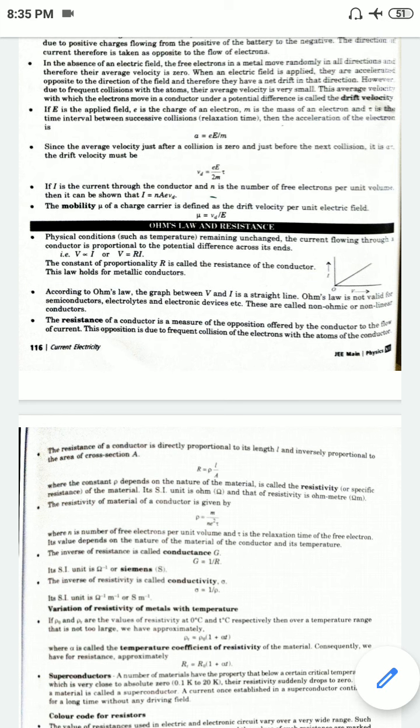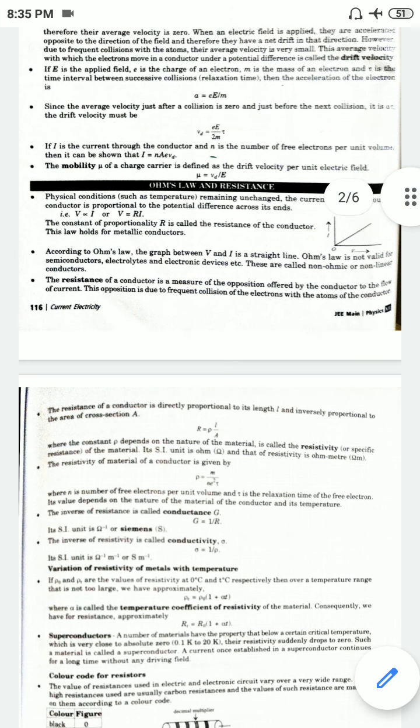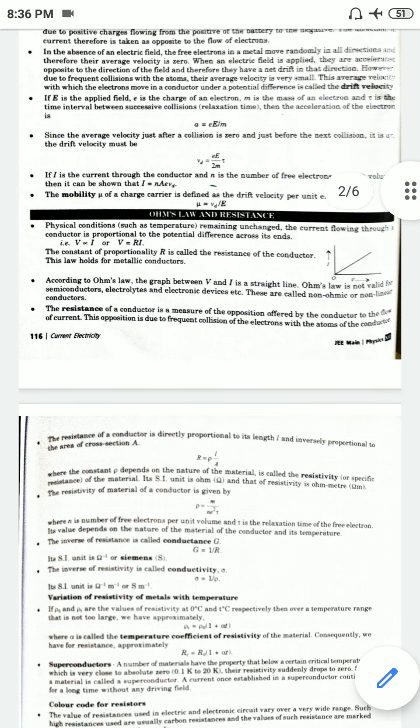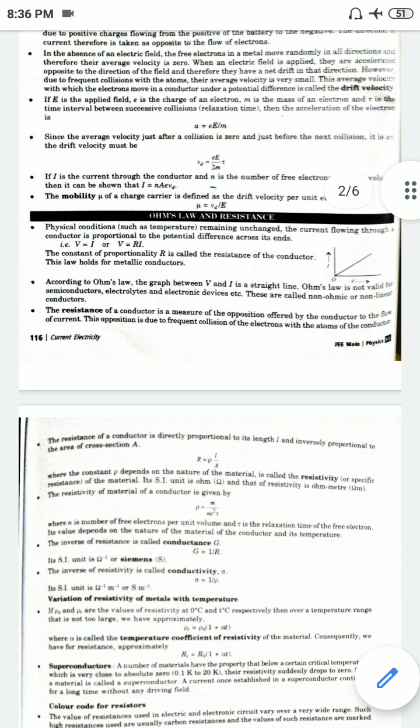Then the variation of resistivity of materials with temperature. If ρ₀ and ρT are the values of resistivity at 0 degrees Celsius and T degrees Celsius respectively, then over a temperature range that is not too large, approximately ρT = ρ₀(1 + αT), where α is the temperature coefficient of resistivity of the material.